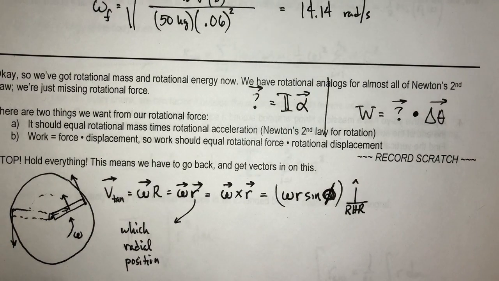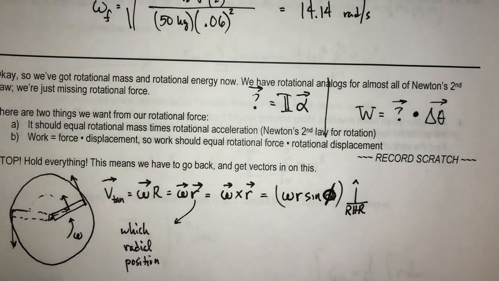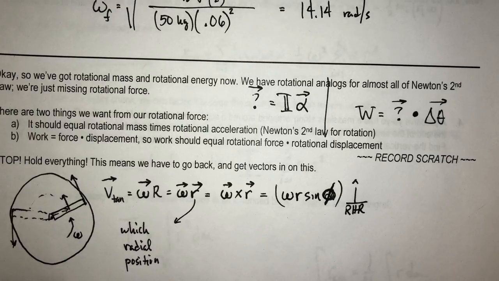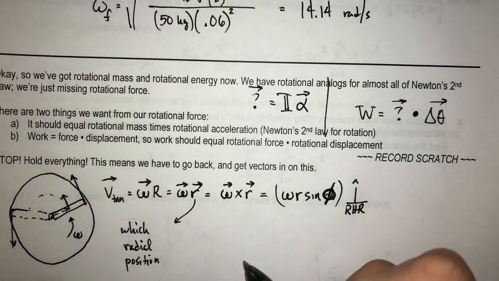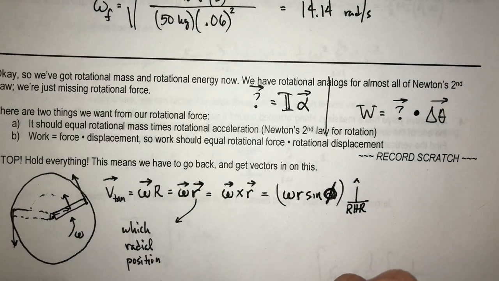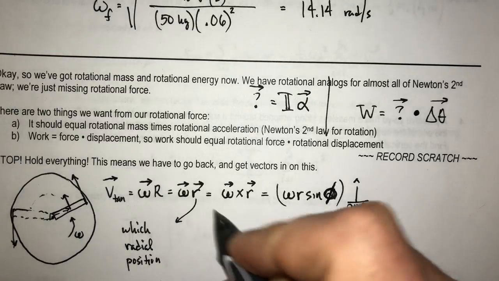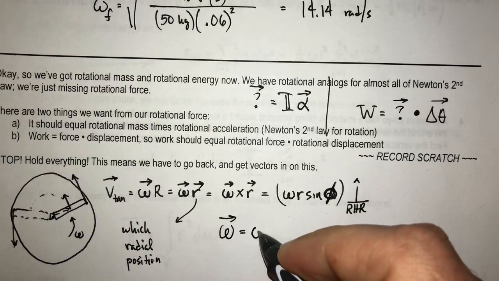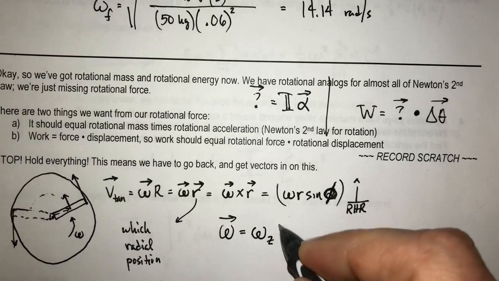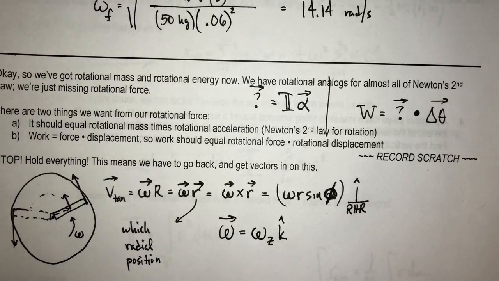It can take some getting used to, and this presentation is not the best. We'll circle back to this, no pun intended, as we go, and I can give a more convincing demonstration in person. But the takeaway here is that omega needs to be a vector in the z direction.